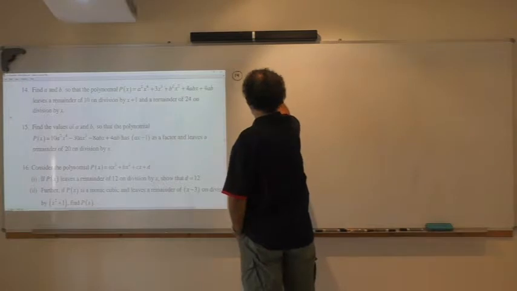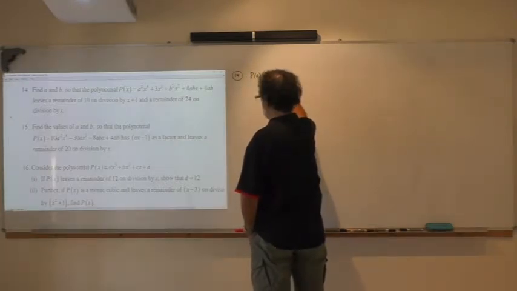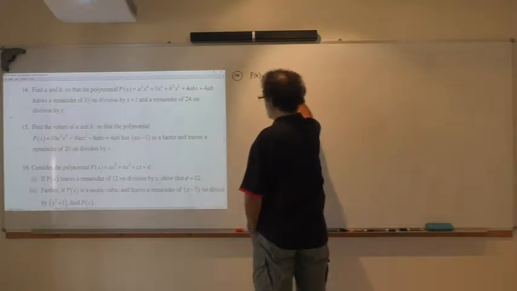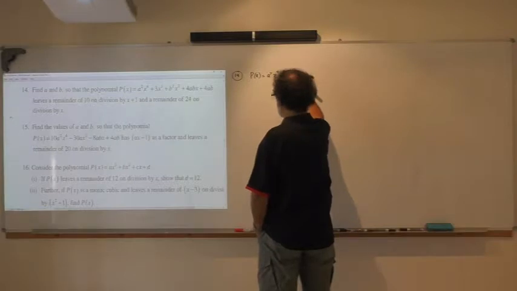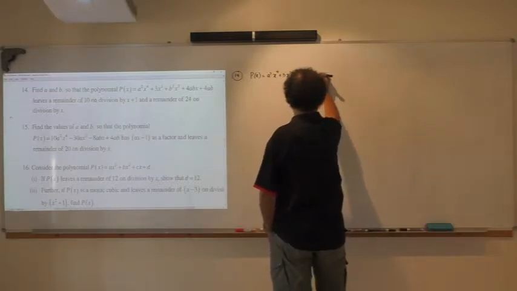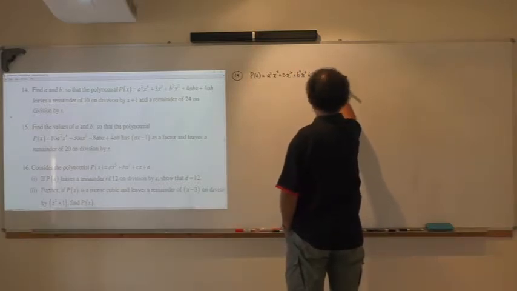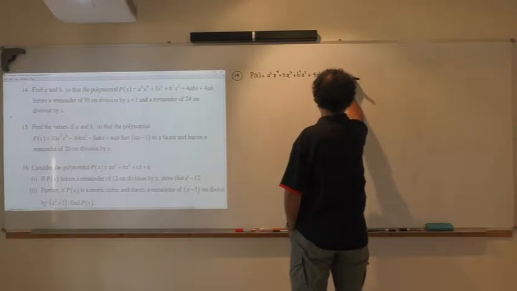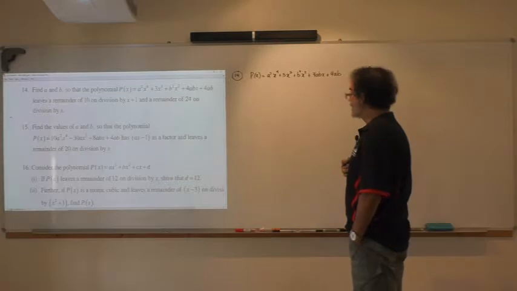Our polynomial is equal to a squared x to the power of 4 plus 3x cubed plus b squared x squared, plus 4abx plus 4ab. Wow, it's a long one.